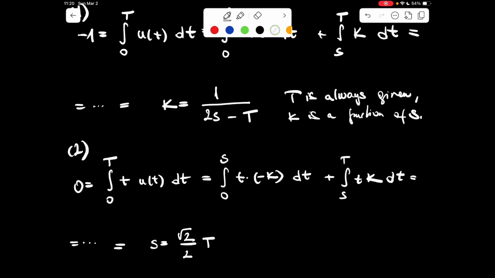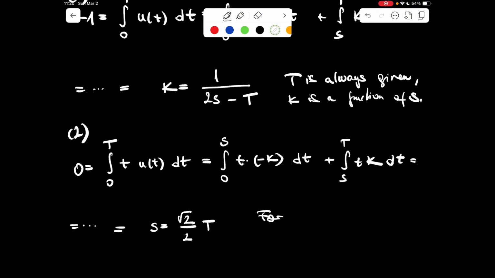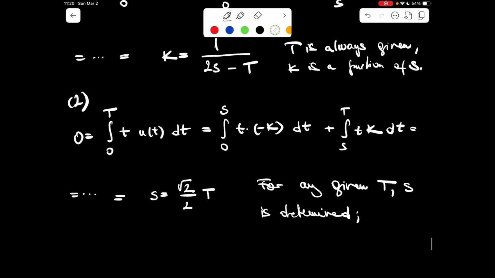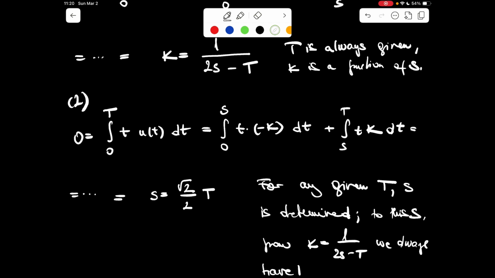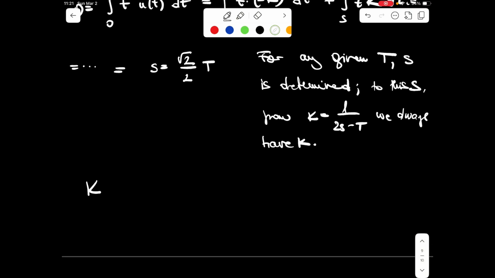And for any given t, s is determined. S is determined, and to this S from this, the previous equality, we always have K. So everything is going well. So we have two equations.